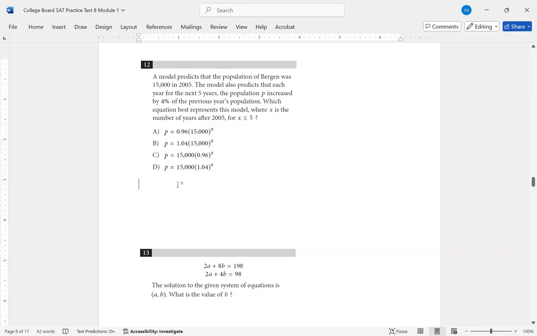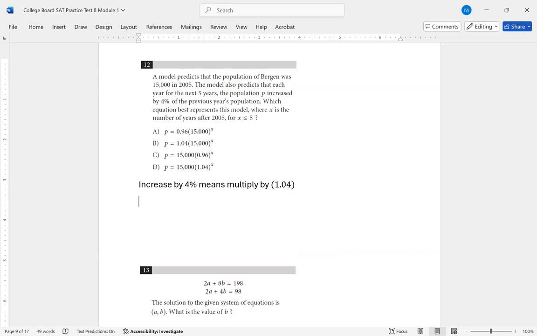So X is years after 2005. An increase by 4% means repeated multiplication by 104%, which as a decimal would be 1.04.